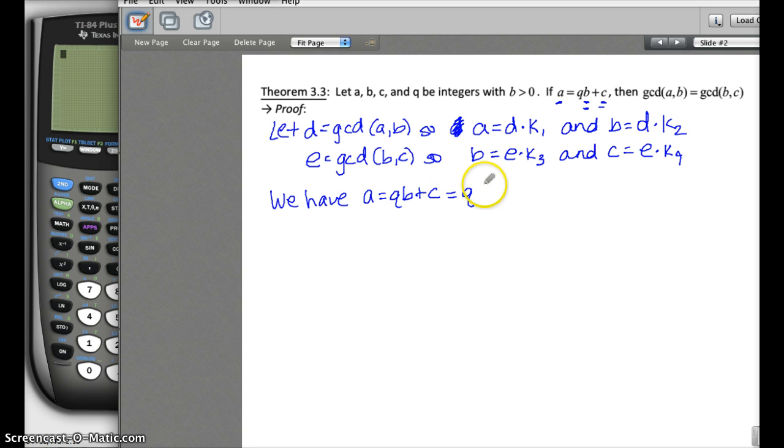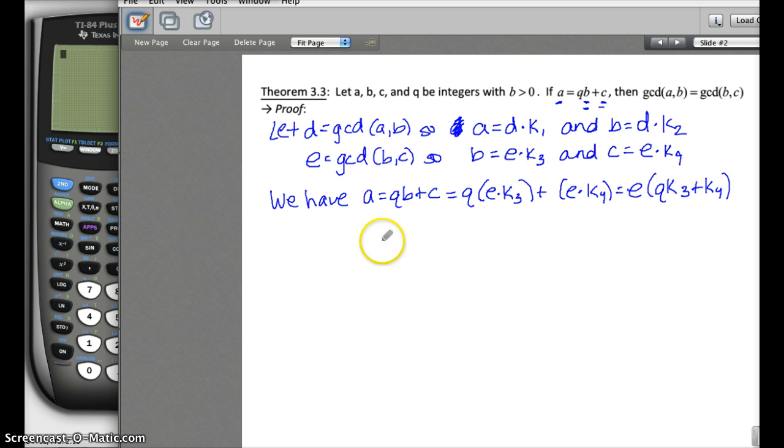So I'm going to have my Q still, but E times K3. And in place of C, I'm going to use this equation that we wrote here, C is equal to E times K4. With a little factoring, we can see that both of these have an E, so we could pull that E out in front, which leaves QK3 plus K4.